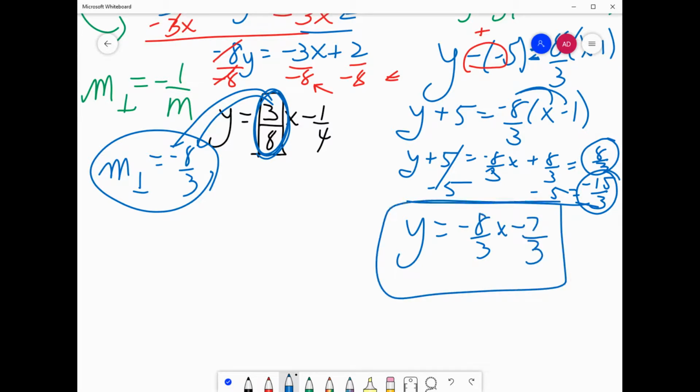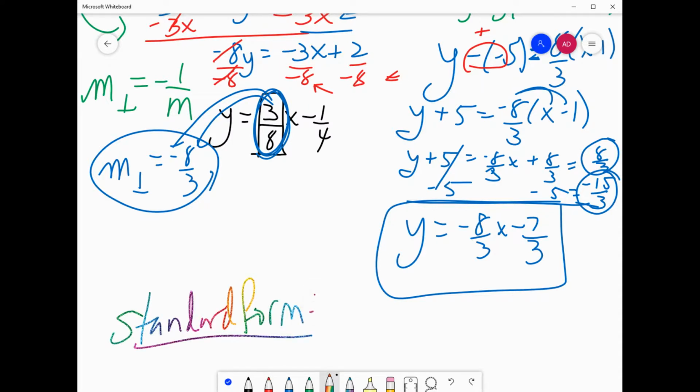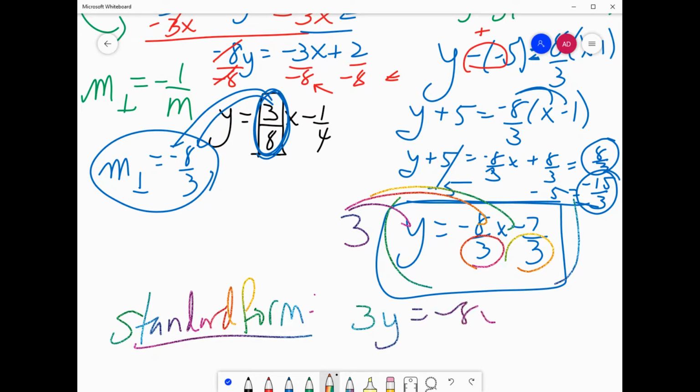And that's the equation of the line in slope-intercept form. If they asked you for it in standard form, don't fret. Just go ahead and multiply through by the least common denominator. When you do that, everybody gets hit. You get 3y equals negative 8x minus 7.